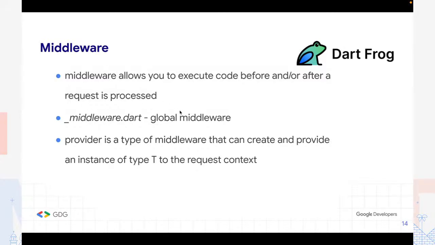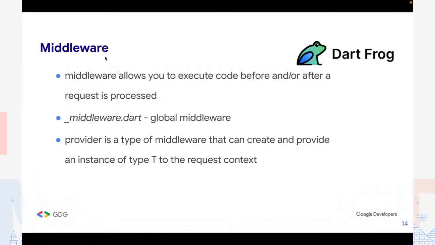And the way we introduce a middleware file is underscore middleware dot dart, where we have to make sure that every folder can have only one middleware. So if there is a folder called routes, that can have only one middleware, and which will be global in that particular folder, there can be no other middleware.